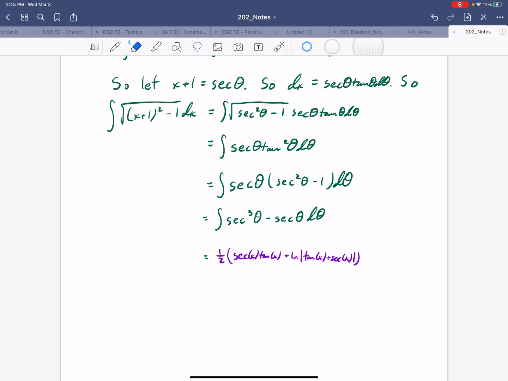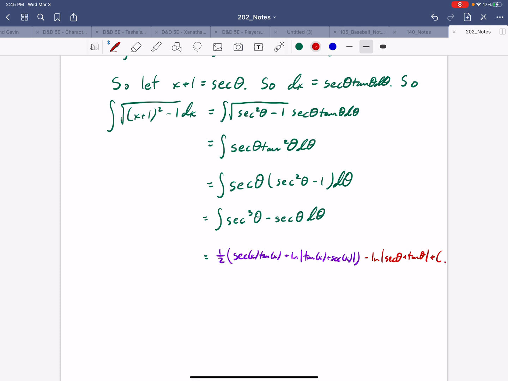Maybe get rid of this plus c. And then plus, or I should say minus, ln of the absolute value of secant plus tangent plus c.